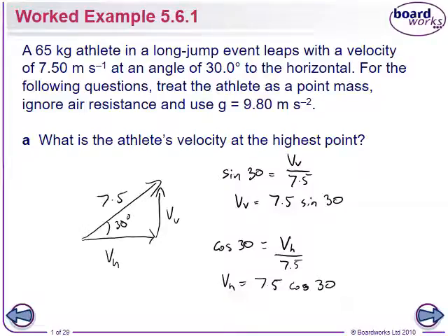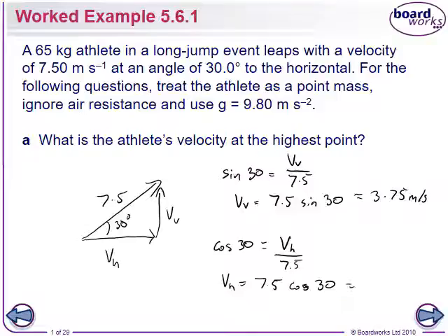All right, so if you're comfortable with your trigonometry, you can do it that way. If you're not, just remember the formulas from the previous page or put that onto your cheat sheet or something like that. So 7.5 sine 30, I get 3.75 for this one. Now that's velocity, so it's meters per second.